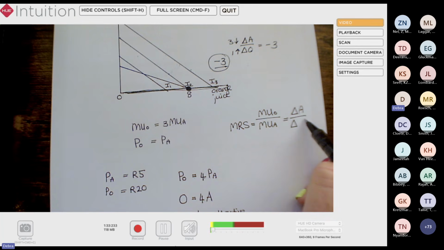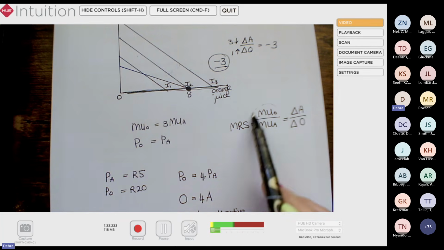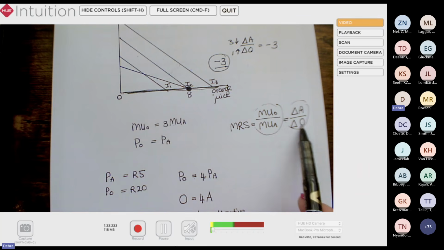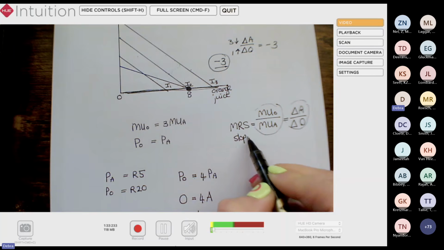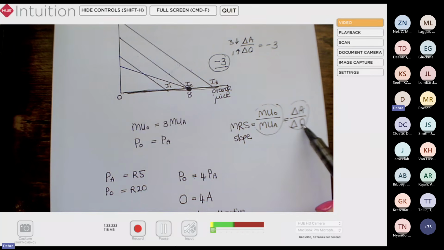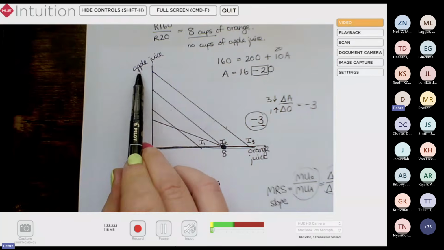So that must be equivalent to the change in A over the change in O. And if we're dealing with a slope that is change in A over change in O, then A, apple juice, must be on the y-axis. Okay.